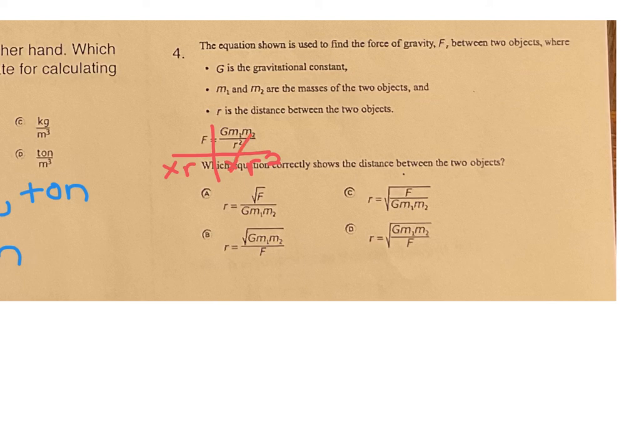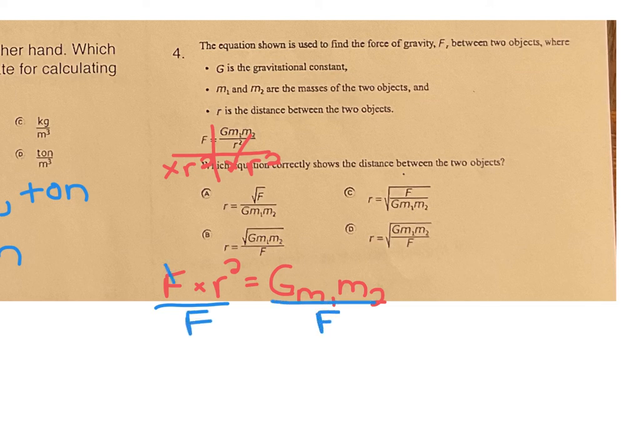That'll undo the division, leaving us with force times R squared is equal to G M sub 1, M sub 2. So now, to get R squared by itself, our next inverse operation to undo the multiplication would be to divide by F. Cancel that out, leaving us with R squared equals mass 1 times mass 2, all divided by force.